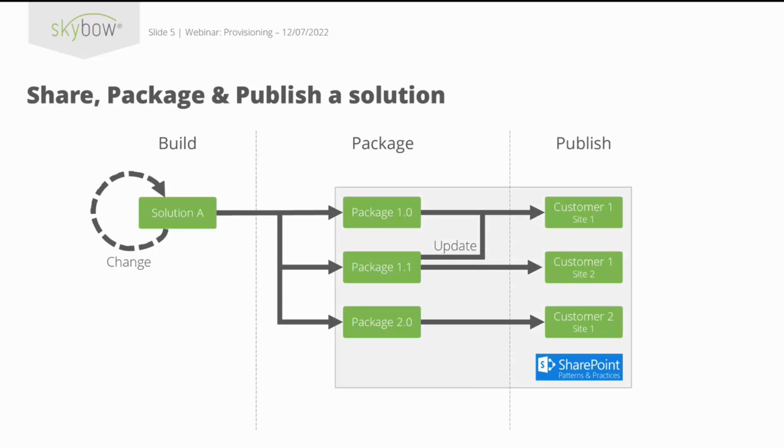That's technical information: for that we use PnP, which is a standard from Microsoft. We use that for our packaging, so we don't have our own implementation. Like always, we try to use as much as we can from Microsoft and not invent the wheel from scratch.